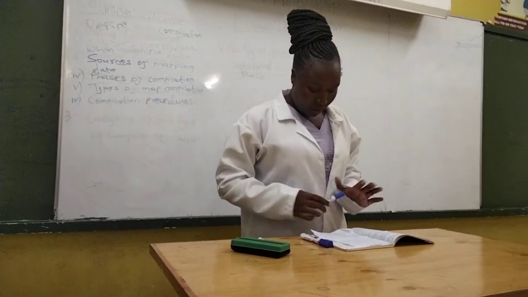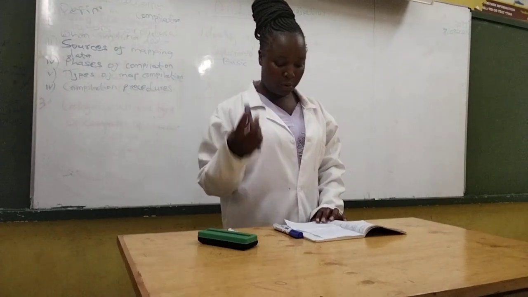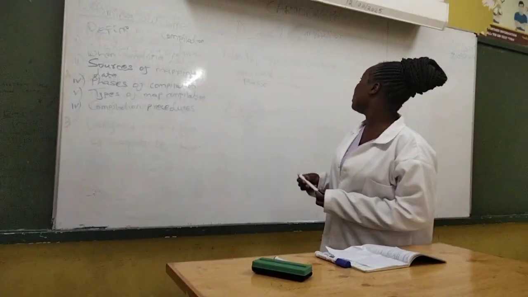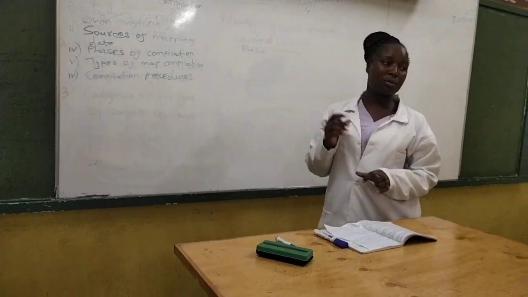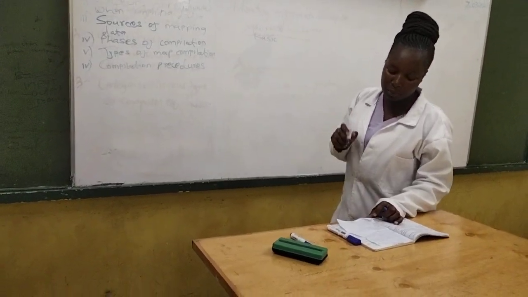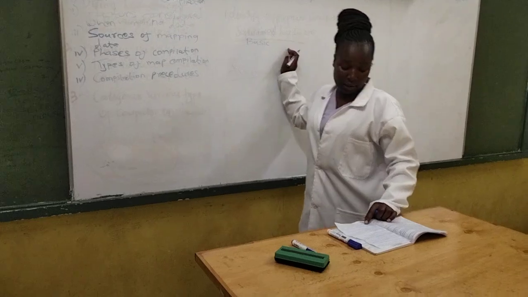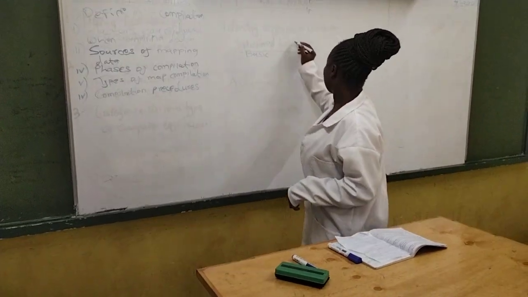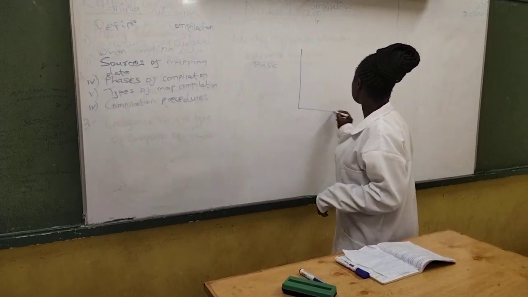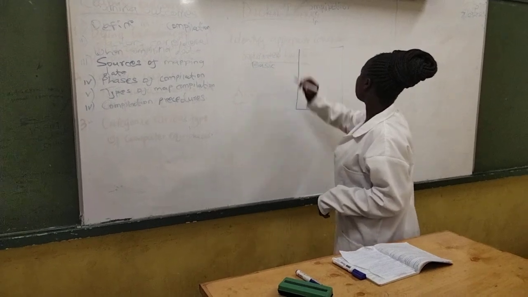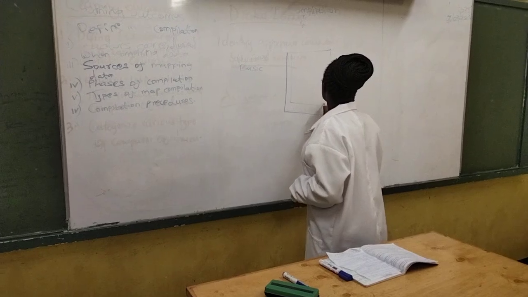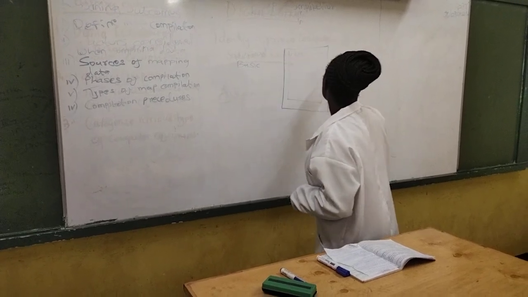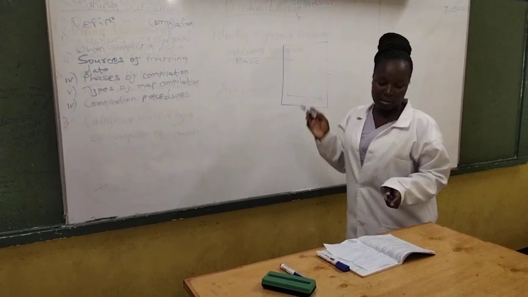Then we have the compilation procedure. In the process of assembling, we have some procedures that you must follow. Procedure number one is the line work. In line work, you have to include something like neat line, border line, margin, things like that.